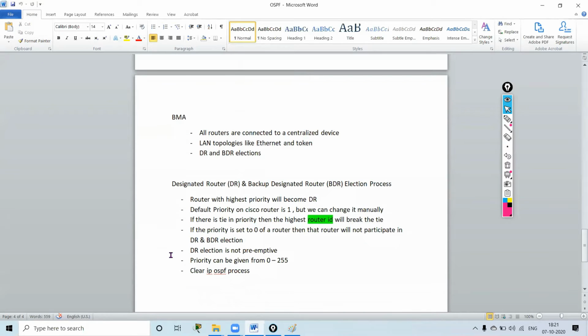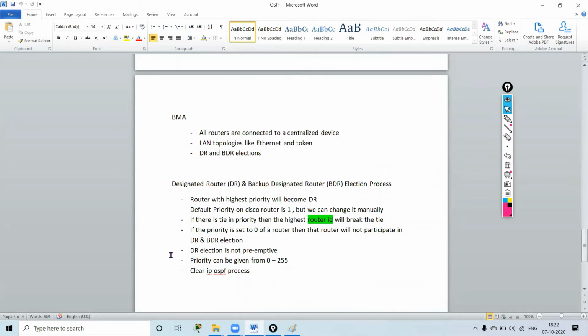So you can read over here, the router with the highest priority will become the DR. Default priority on a Cisco router is 1, but we can change it manually. If there is a tie in priority, then the highest router ID will break the tie. If the priority is set to 0 on a router, then that router will not participate in the DR, BDR election. DR election is not preemptive. Priority can be given from 0 to 255.